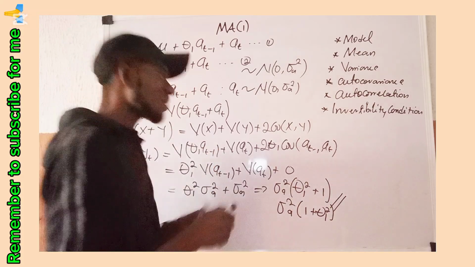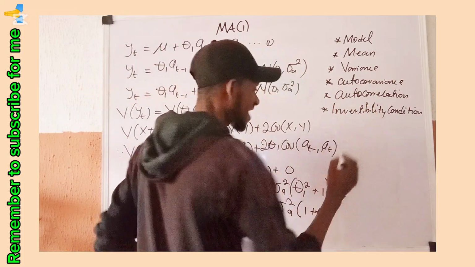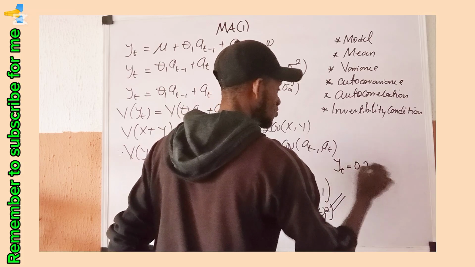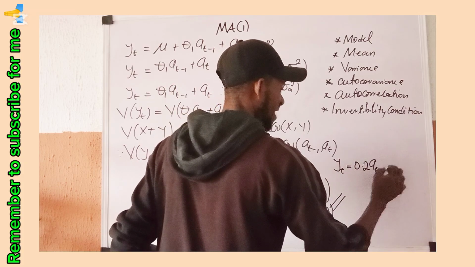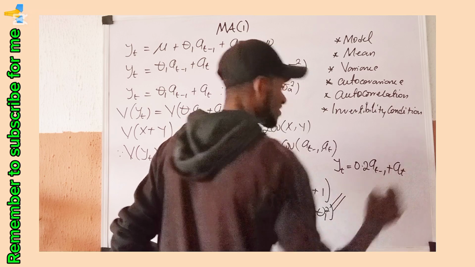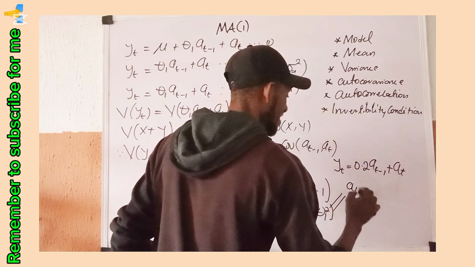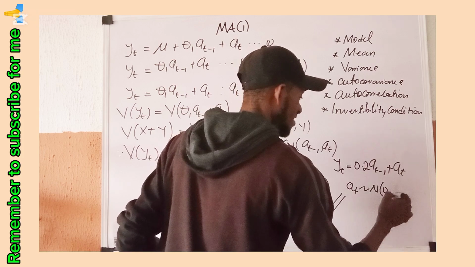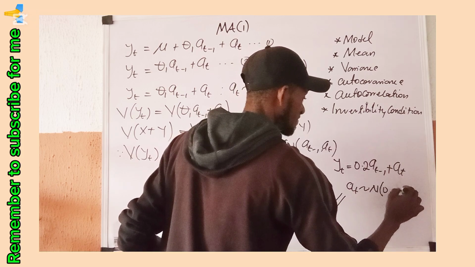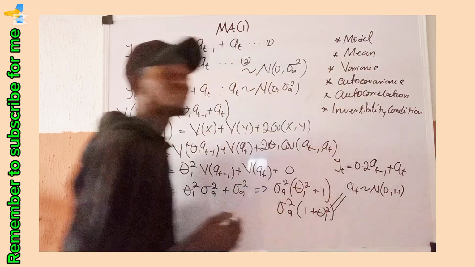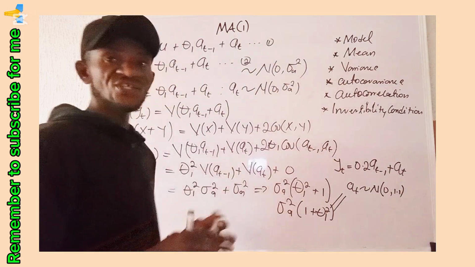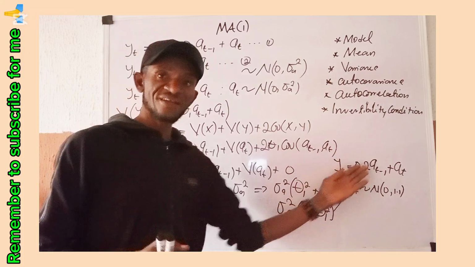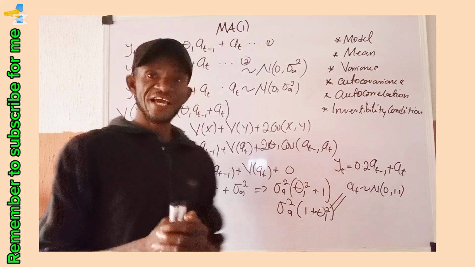Therefore, if somebody gives us something like what I had written earlier, y of t is given as 0.2 a of t minus 1 plus a of t, on the condition that a of t follows normal with mean 0 and variance 1.1, for instance. And then the question says, obtain the variance of the model using this model and this information of error term.